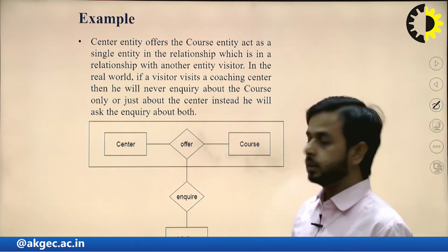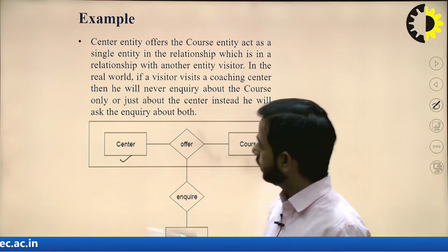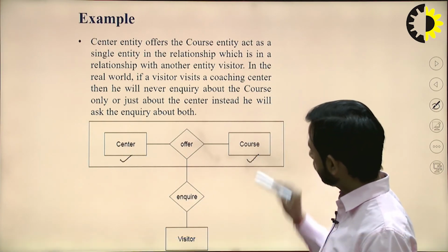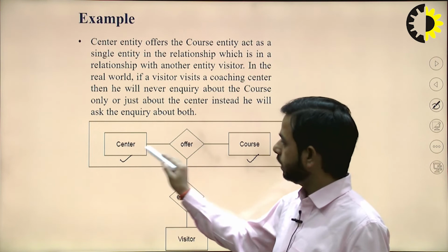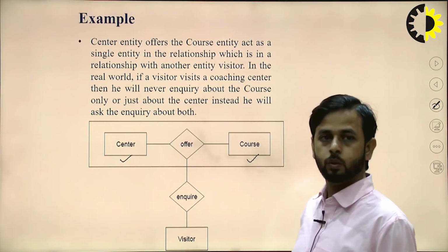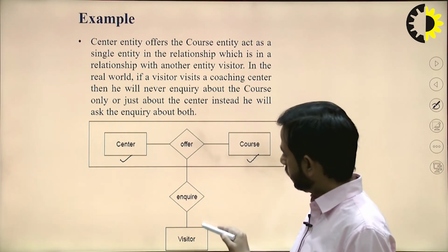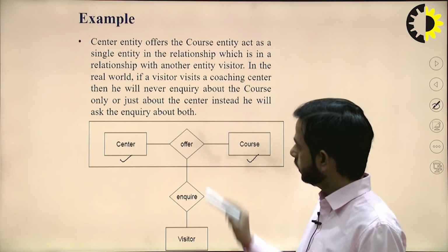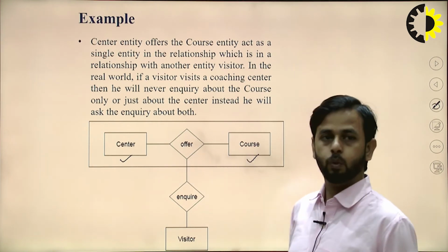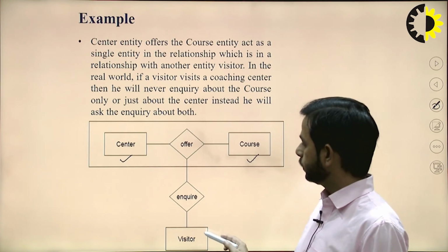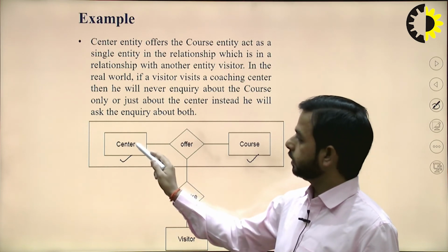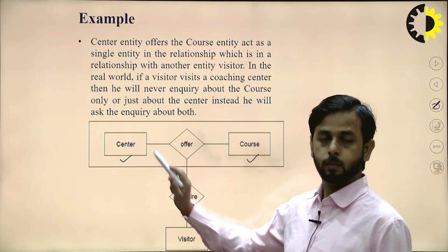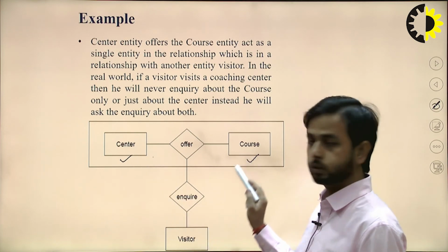There is one entity center and there is one entity course. So center offers some course, and a visitor inquires about the center and course both simultaneously. The visitor does not inquire about the center individually or the course individually.